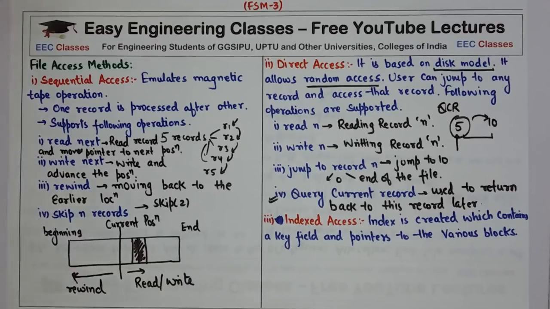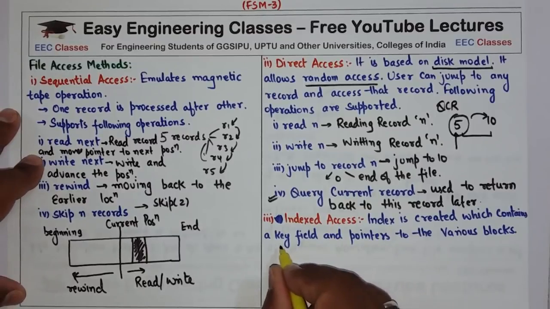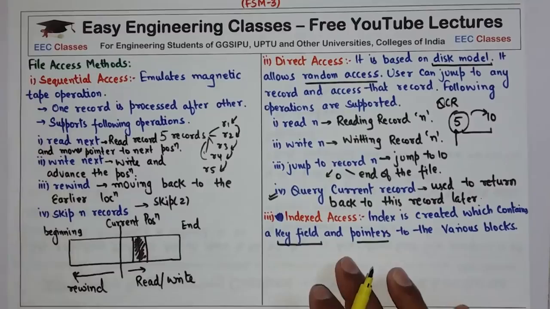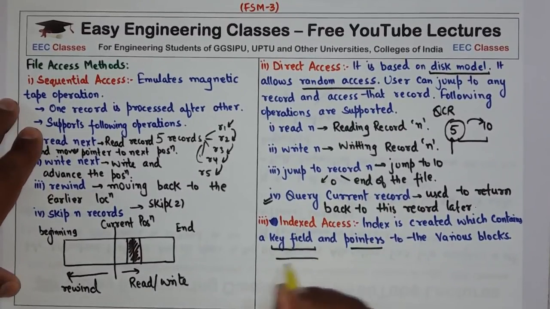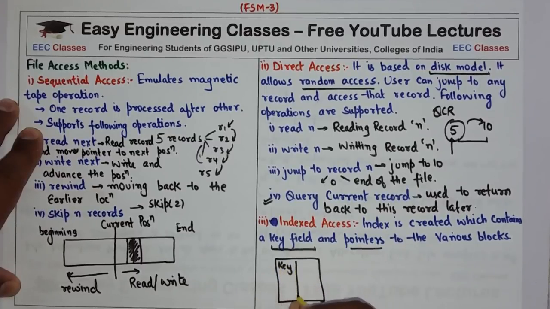Then the last is index access method. In this, the index is created which contains a key field and the pointers to the various blocks. For example, there is an index like this. First is your key field, and then we have the pointer to the disk location.